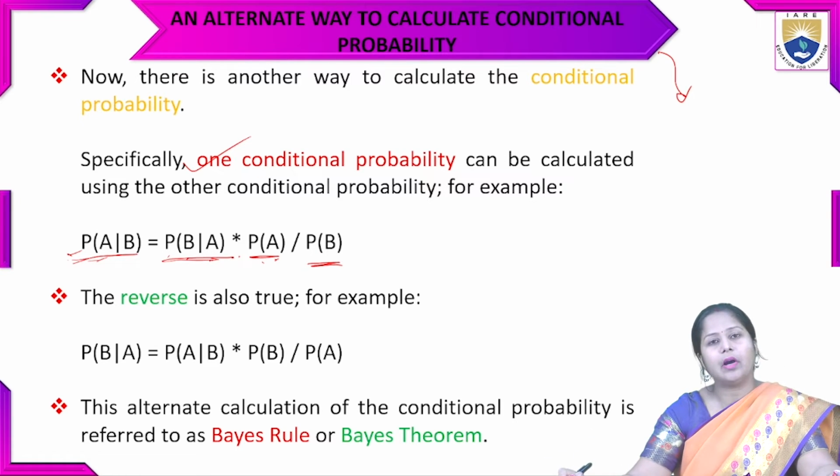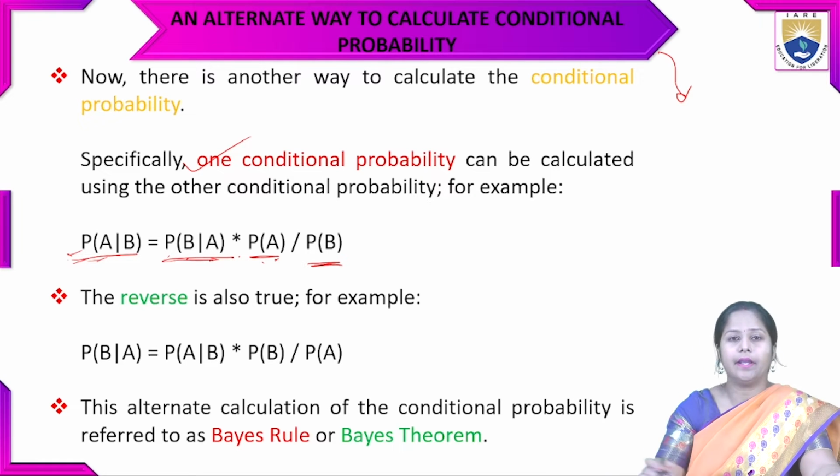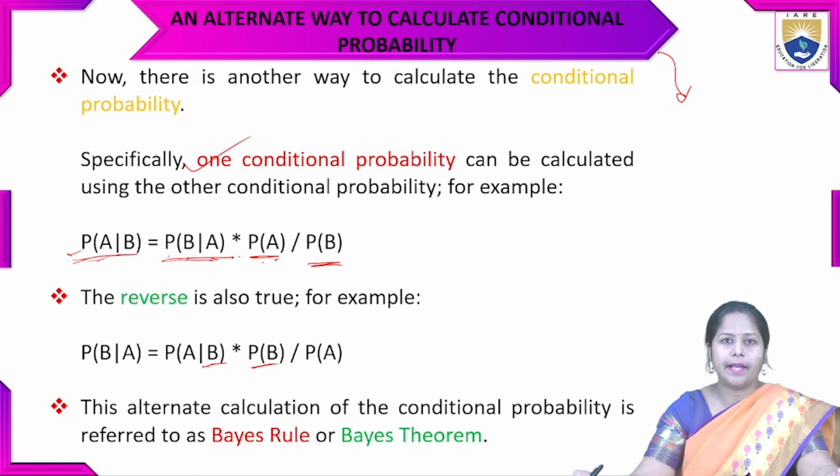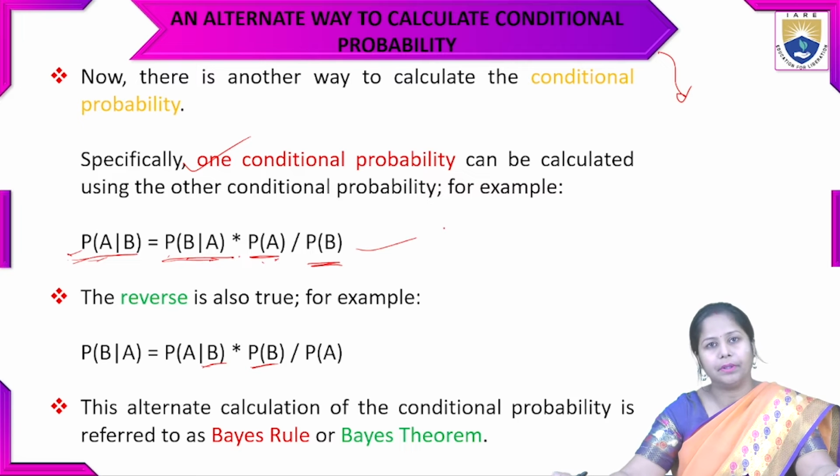The reverse is also true: P(B given A) is equal to P(A given B) times P(B) divided by P(A). So that is also possible, and we can write the events like that.